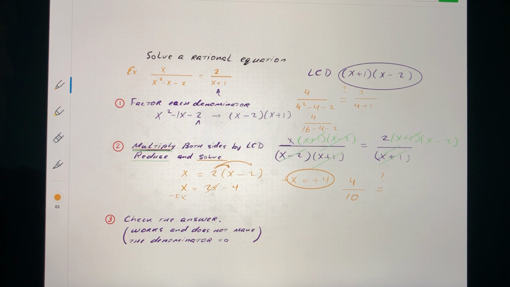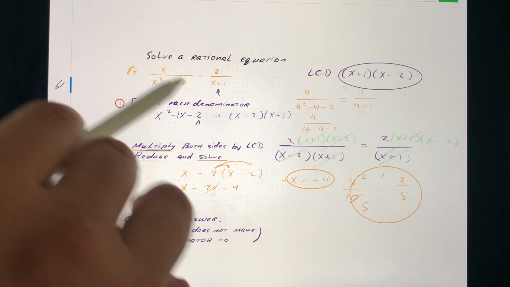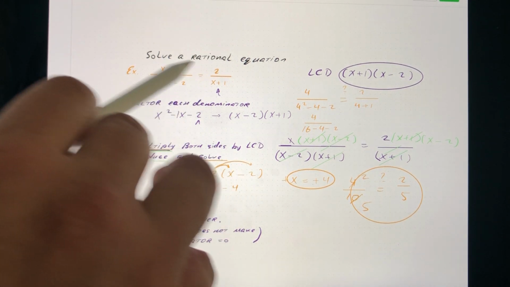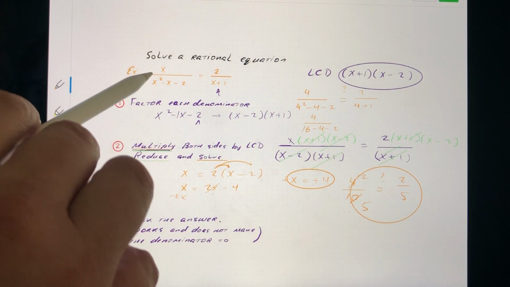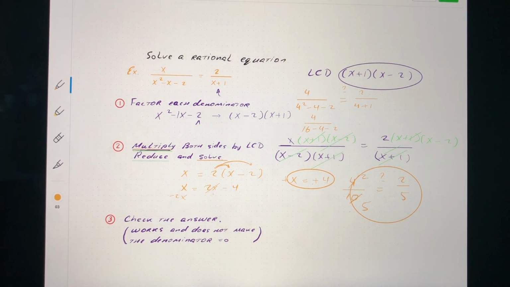Is that the same as 2 over 5? Well, 4 divided by 10 can be reduced by 2, and that makes exactly 2 over 5. So both sides, left side and right side, say 2 over 5. And so we have found the answer that makes the left side equal to the right side, and that solves this rational equation.